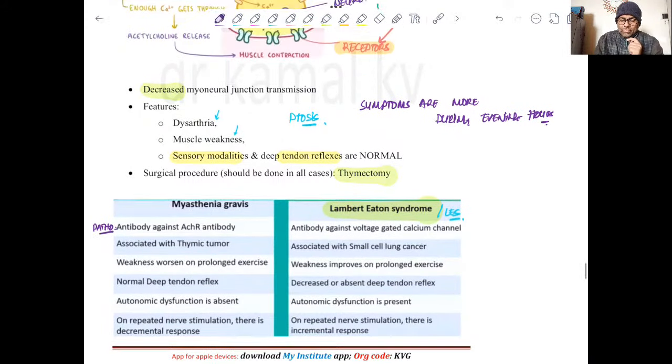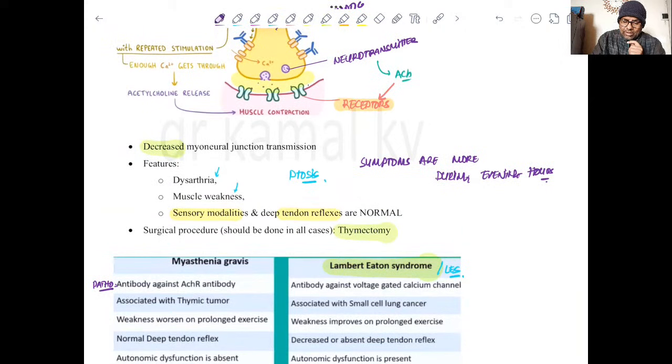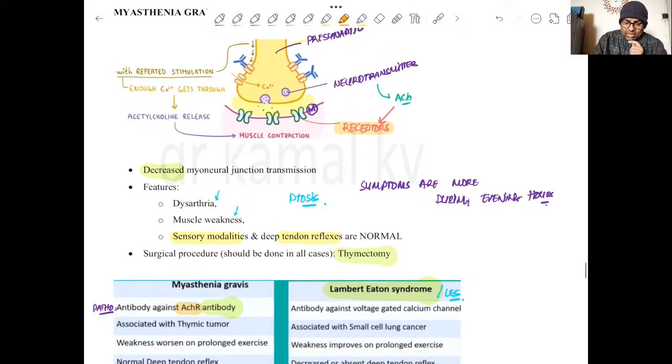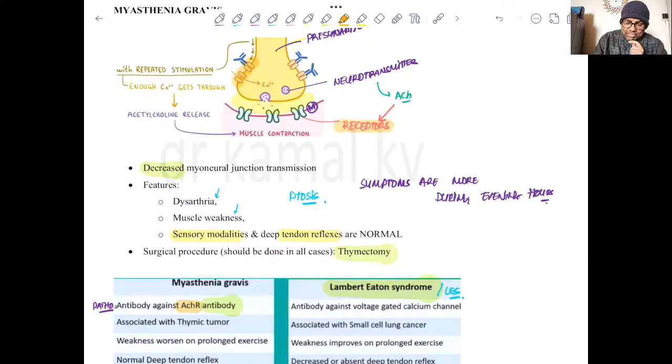In myasthenia gravis, the pathology is at the level of receptor, because there are acetylcholine receptor antibodies, right? But in case of Lambert-Eaton syndrome, the problem is with the calcium channels. So there are antibodies which are directed against these voltage-gated calcium channels.